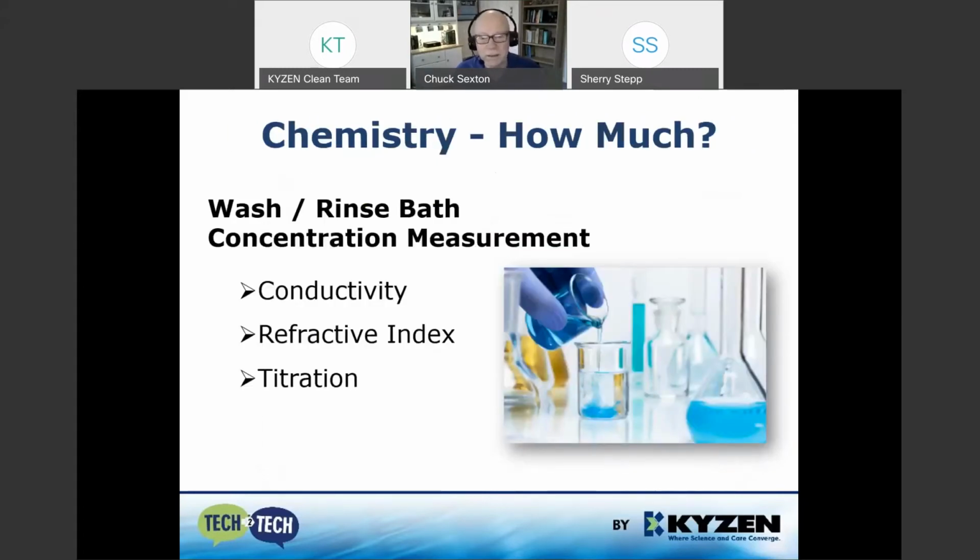So we're adding chemistries to the wash and the rinse stages, and we need to know how much of these chemistries we've got in these stages. The 3 primary methods that we use are conductivity, refractive index, and titration.